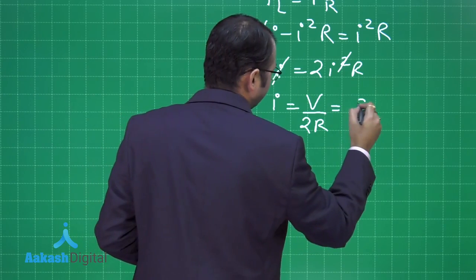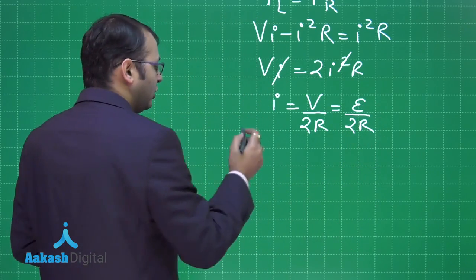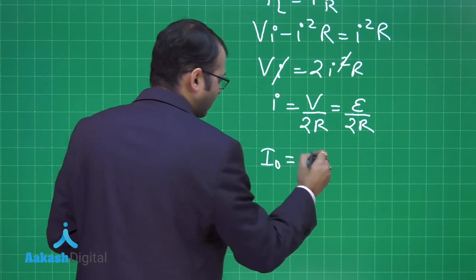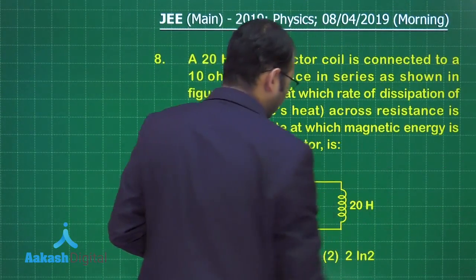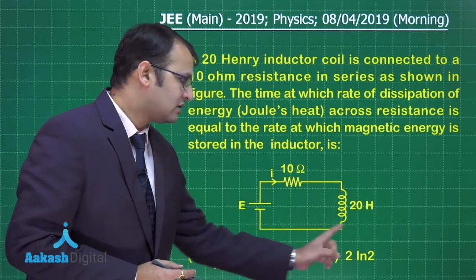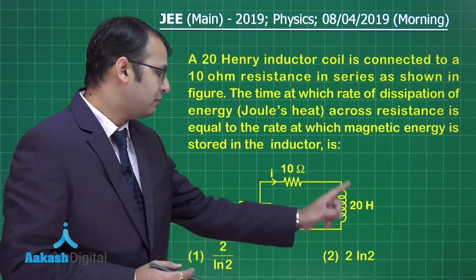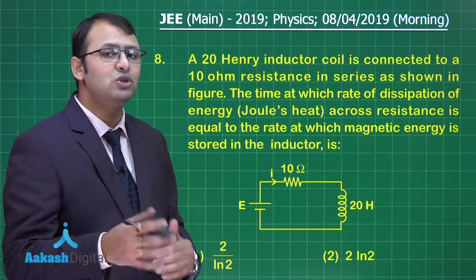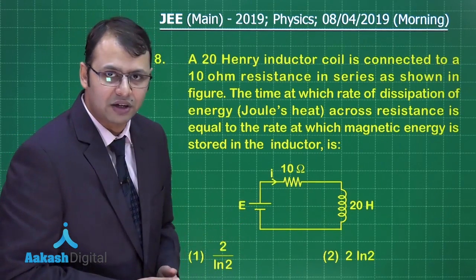Now in the question the supplied potential would be E, so I is E by 2R, right? Now with the relation, what is the maximum current I naught? It would be simply E by R, right? Because in the circuit, when the current becomes steady, the inductor will be a simple wire, a straight current carrying conductor, and it will offer no resistance. So at that time the current would be maximum at t equals infinity. That's why E by R would be the maximum current here.